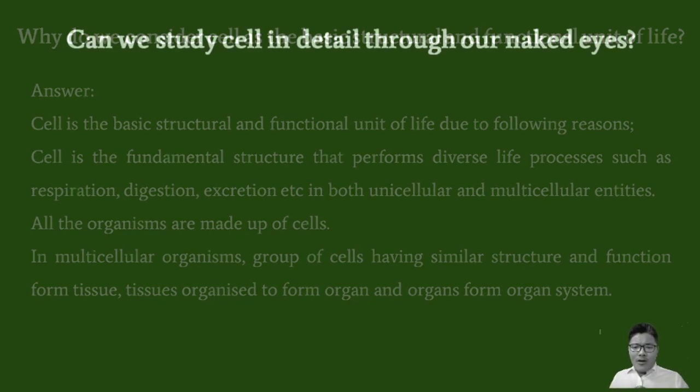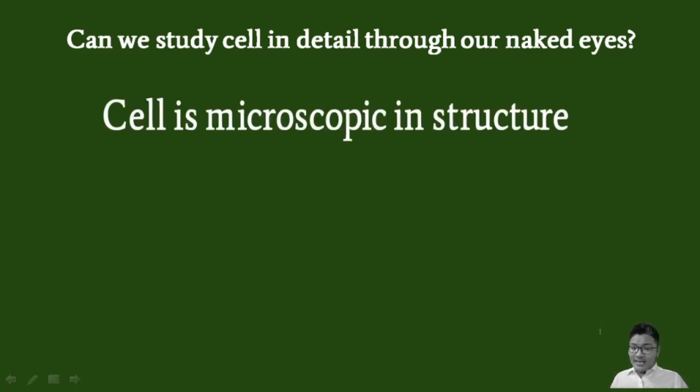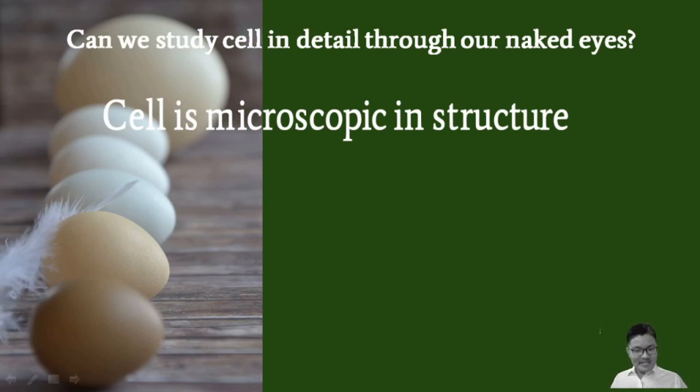Now, can we study cell in detail through naked eye? Our eyes are not that powerful. Cell is microscopic in structure, so we have to use microscope. But we can see some cells, eggs of different birds.